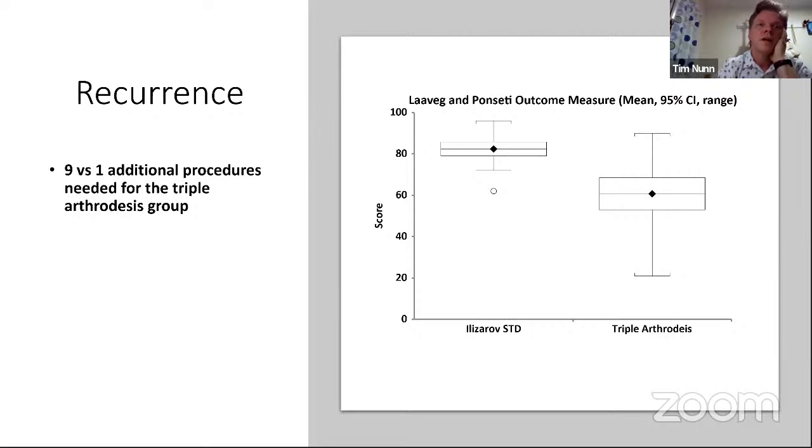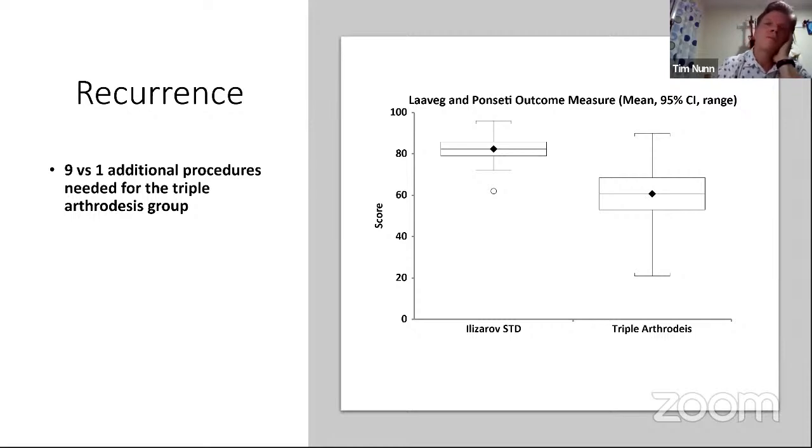That compares to one patient, 1 foot, in the soft tissue distraction group using the Elizarov apparatus. And you can see on the right here the outcome scores using the Laveg and Ponseti outcome measure for the 2 groups. There's a significant and obvious benefit in the Elizarov soft tissue distraction group.